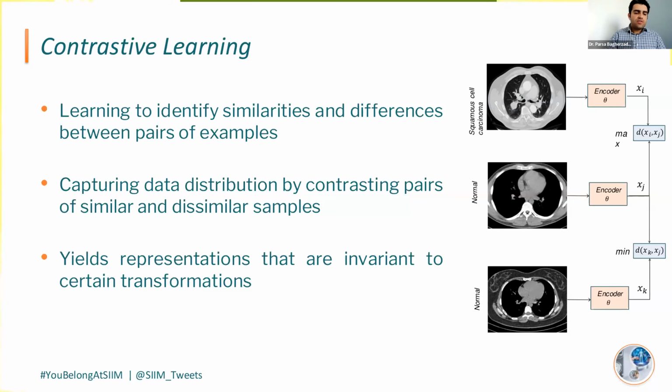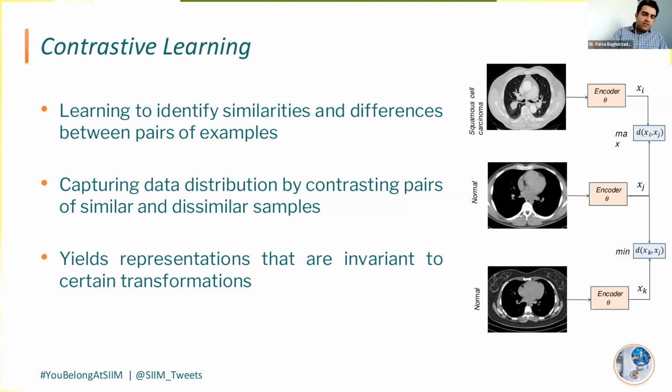So the task of contrastive learning is to basically find an encoding, a representation of these samples, such that the distance between the dissimilar samples is maximized, and the distance between two similar samples is minimized. Basically, in the vector space, they are placed closer to one another.